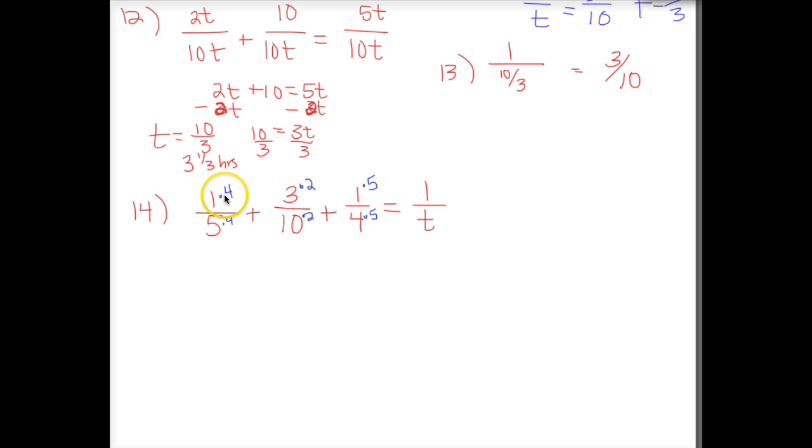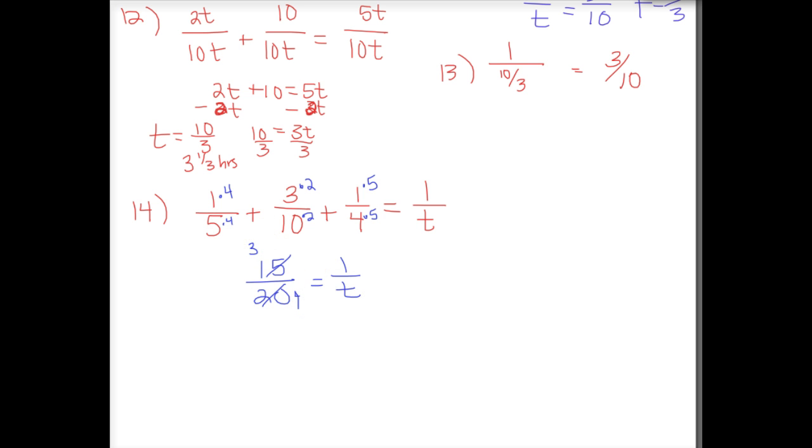So 4 plus 6 plus 5. So that gives us 15 over 20 equals 1 over t. 15 over 20 reduces. They're both divisible by 5. So reduce that to 3/4.